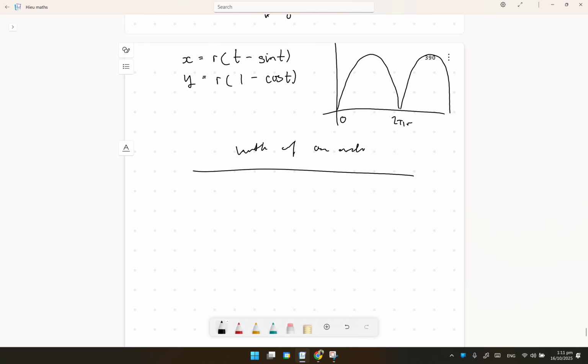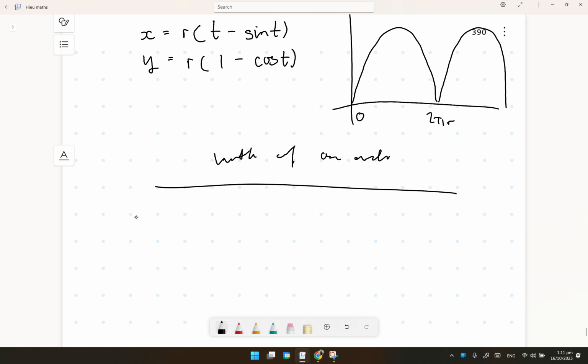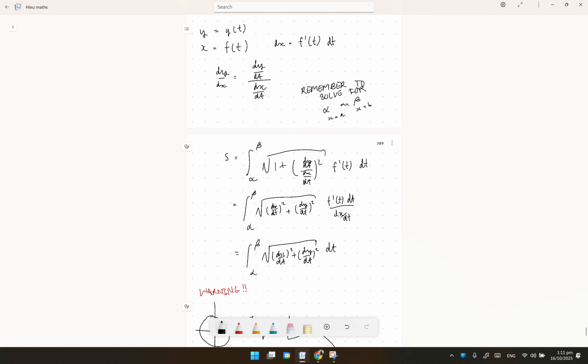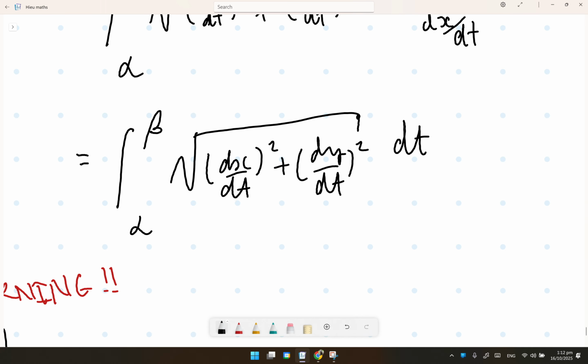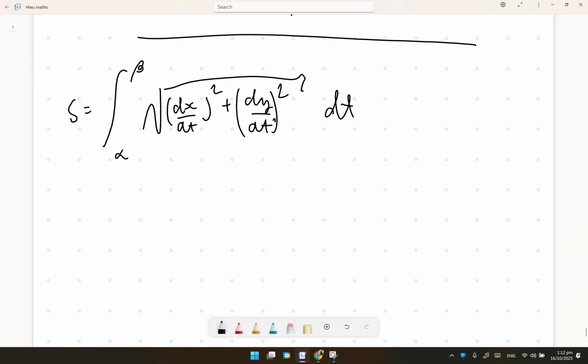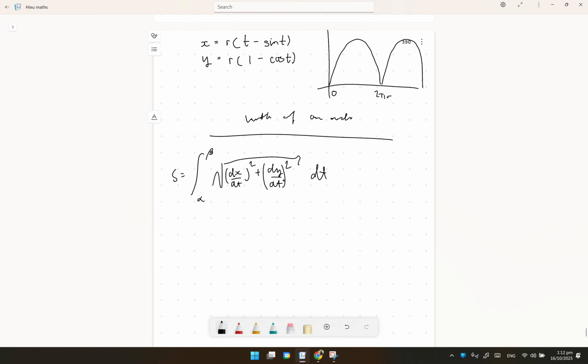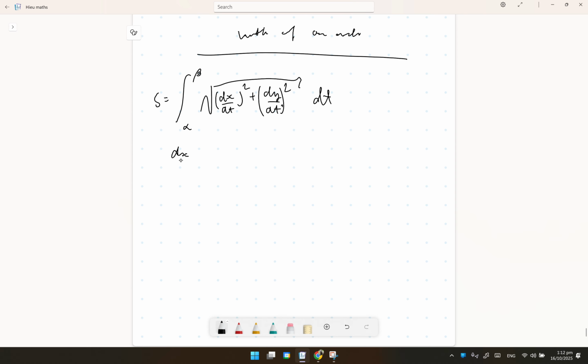The equation to find the arc length s of a parametric curve is the integral from alpha to beta of the square root of (dx/dt) squared plus (dy/dt) all squared dt. I'm going to have a cheat sheet when I do the test, so I can just use that. Okay, so let's find dx/dt and dy/dt, and then we're also going to find the limits.